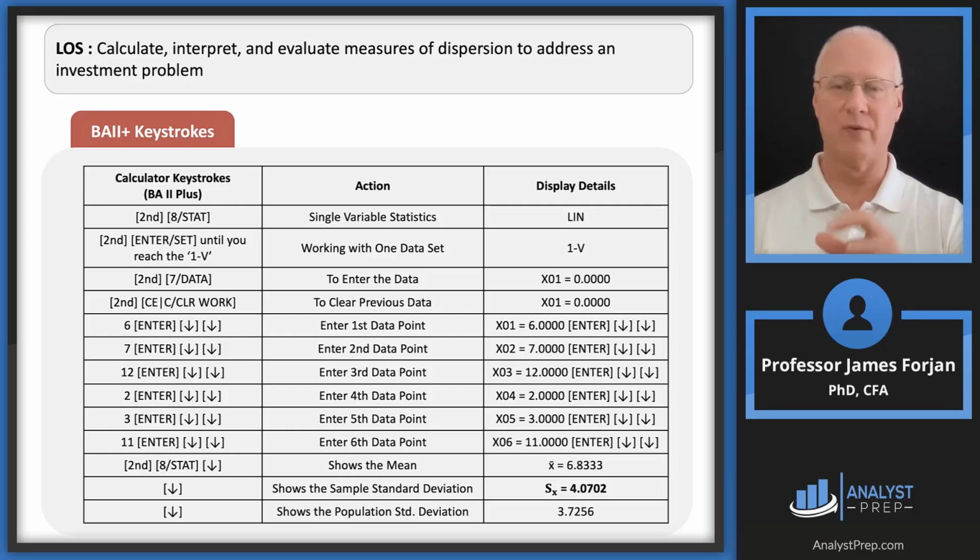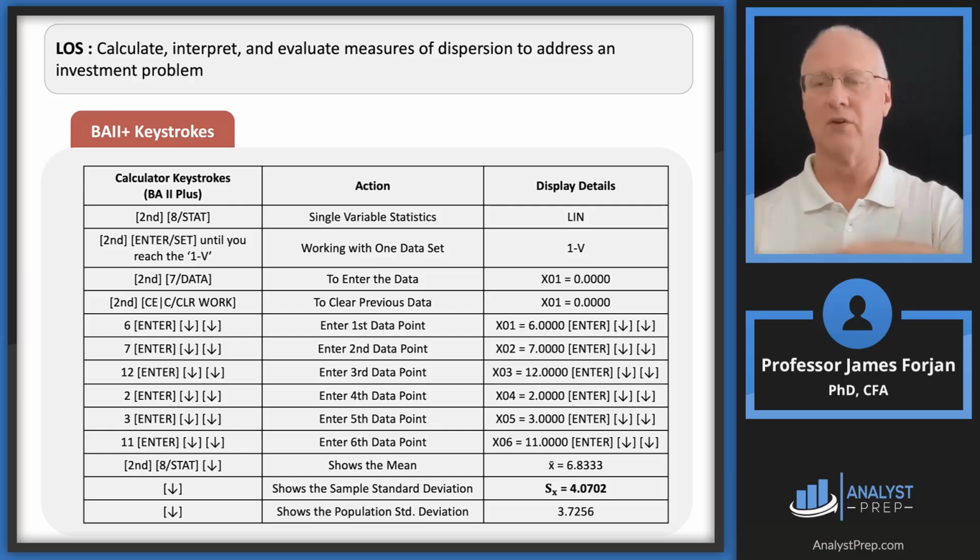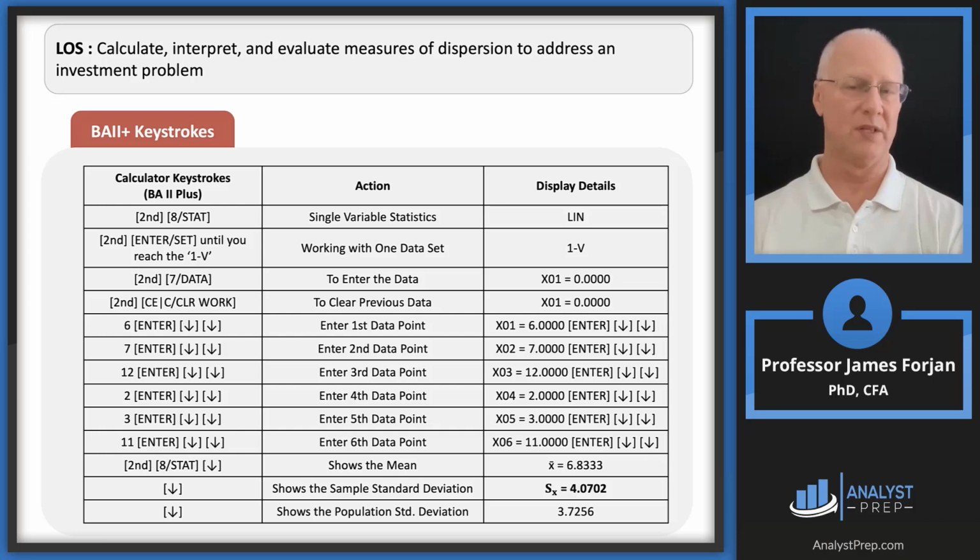If you want to fool around with it, you see it toggles through a whole bunch of different choices in there. Quite honestly, I'm not sure what all those things do, but I think if you just leave it like LIN, I've never had any problems with my BA2 calculator.